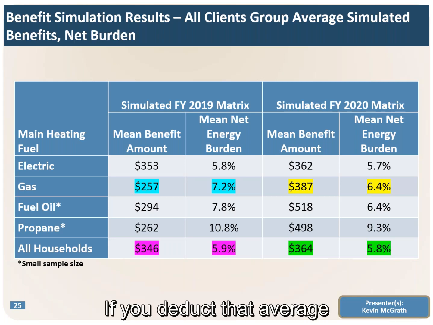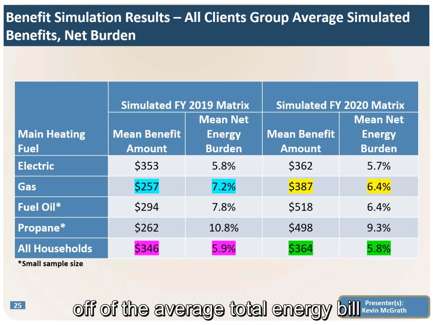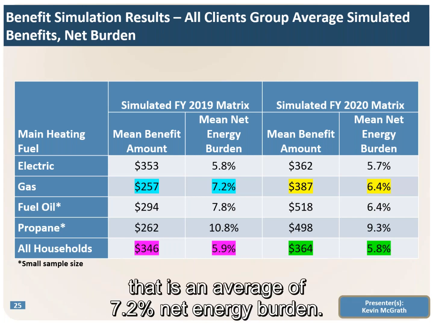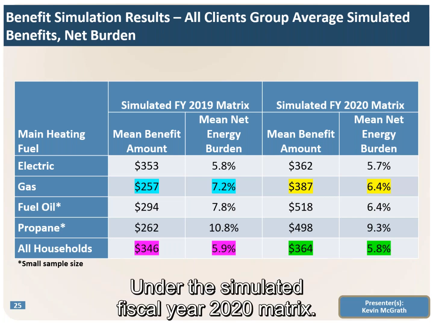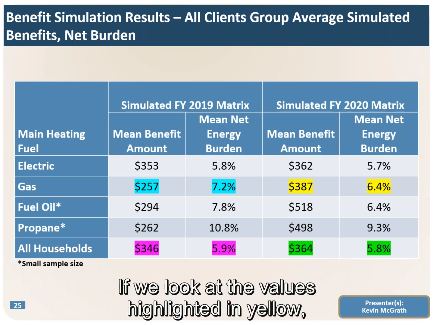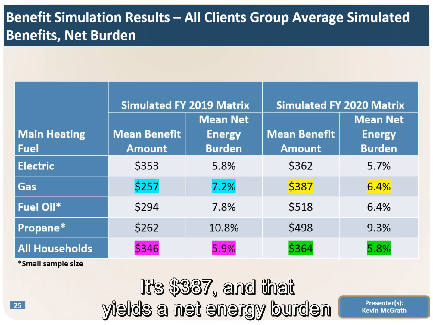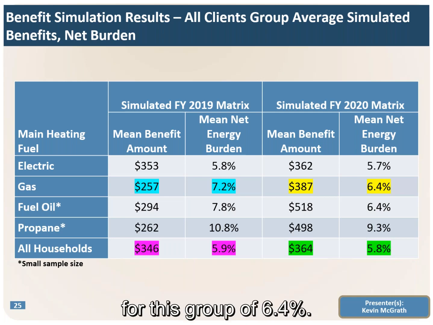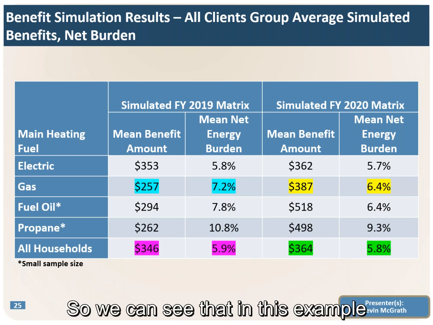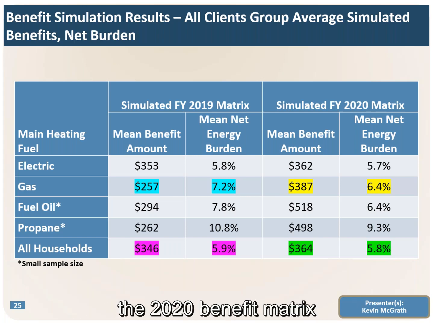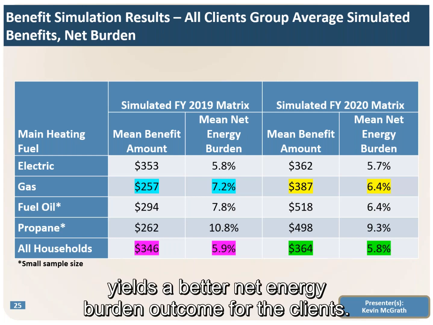If you deduct that average off of the average total energy bill and recalculate their energy burden, that is an average of 7.2% net energy burden. Under the simulated fiscal year 2020 matrix, if we look at the values highlighted in yellow, we see that the average benefit for the gas main heat households is much higher. It's $387. And that yields a net energy burden for this group of 6.4%. So we can see that in this example for gas main heat households, the 2020 benefit matrix yields a better net energy burden outcome for the clients.